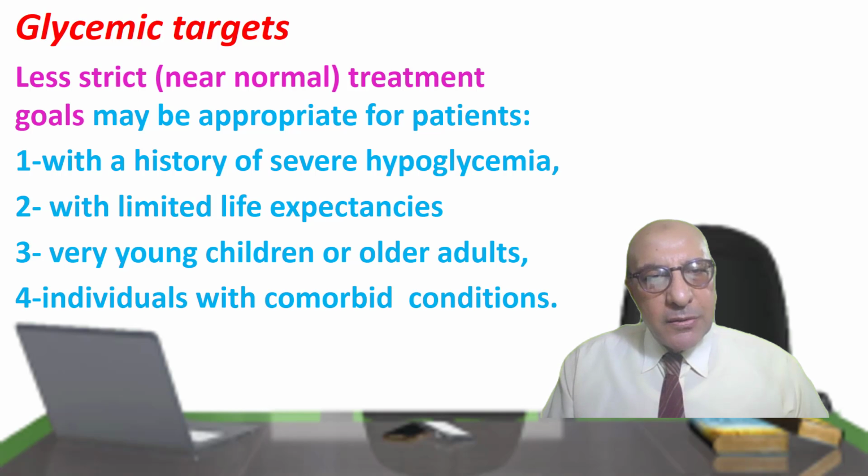This strategy can be used for certain groups of patients with repeated hypoglycemia, especially if they have certain associations or comorbidities, like, as we said, older people with limited life expectancies, since the target of near normal blood sugar gives benefit in the long run.